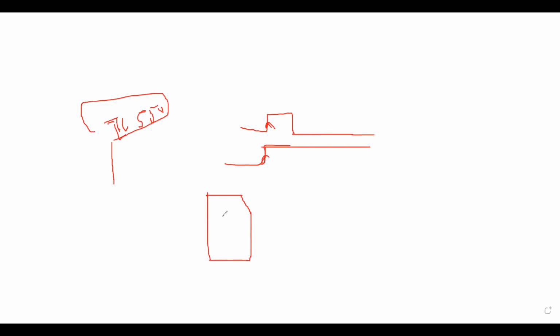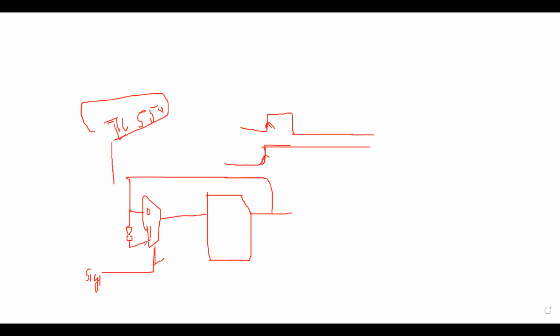Correct. So first of all, we need a mux. Let's suppose my signal is 1. So that one output goes over here, and then, what do you all think?